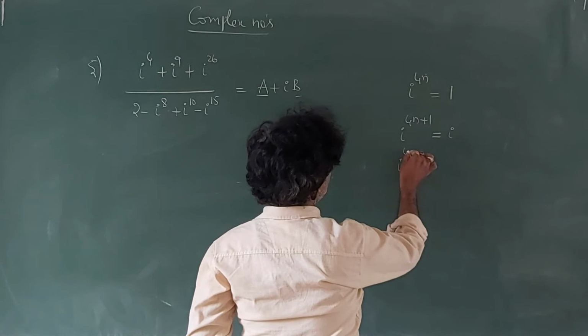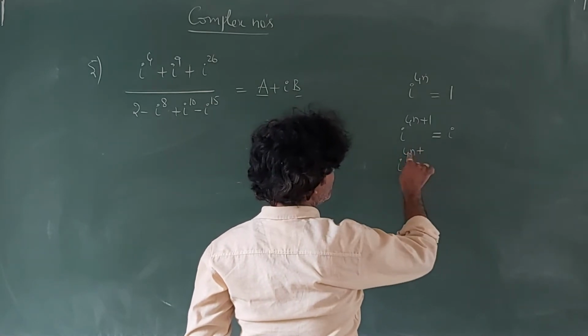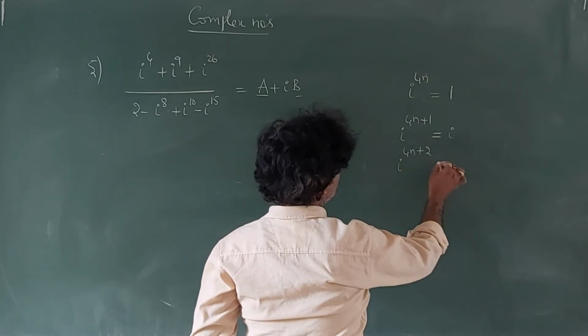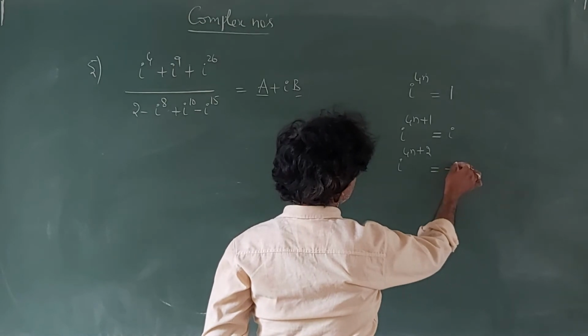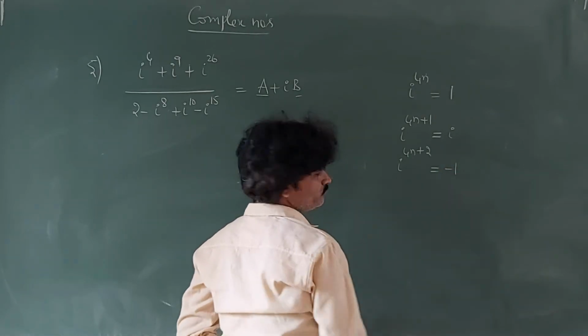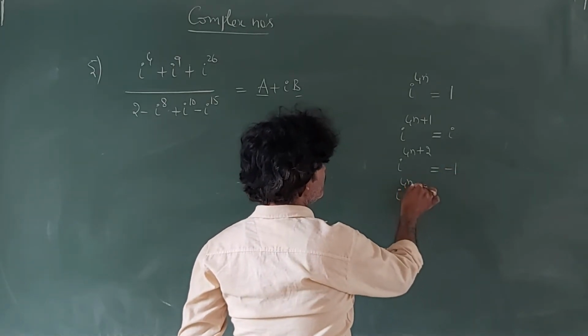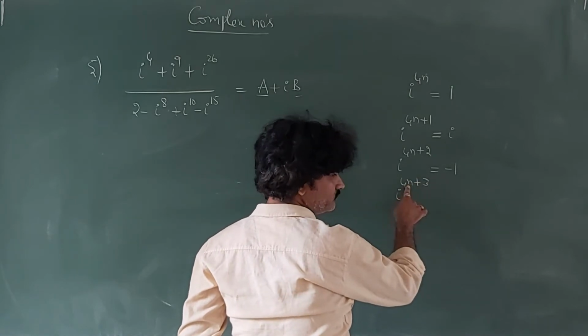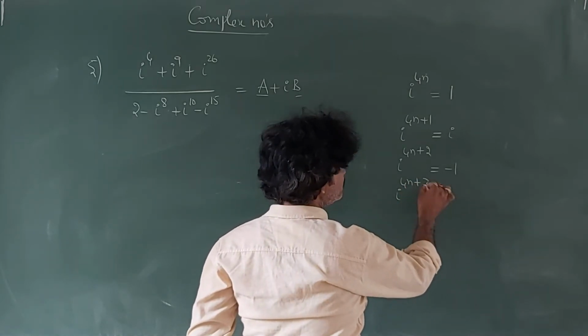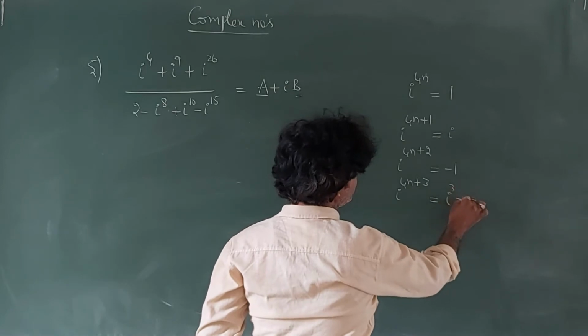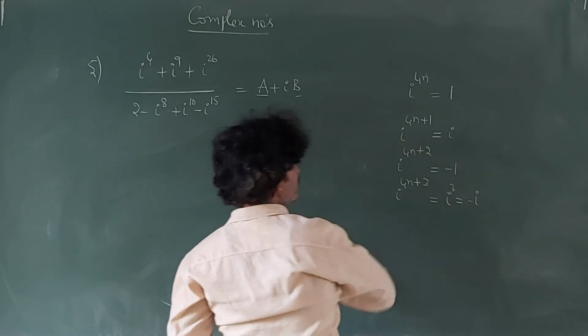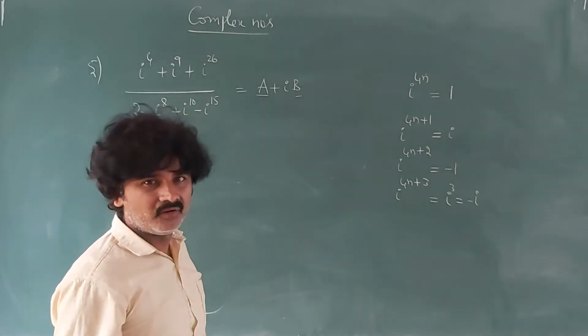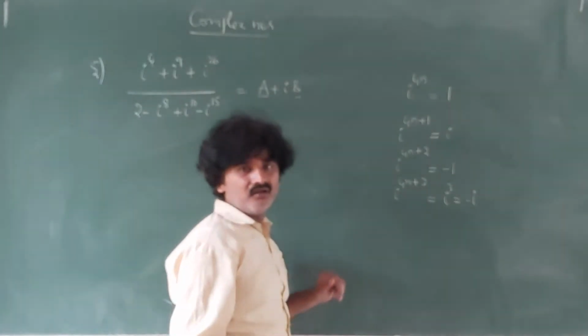Next, if you divide the power of i with 4 and are left with remainder 2, then its value is minus 1. Next, if you divide the power with 4 and are left with remainder 3, then its value is i cube, nothing but minus i. Okay, these 4 points understood.